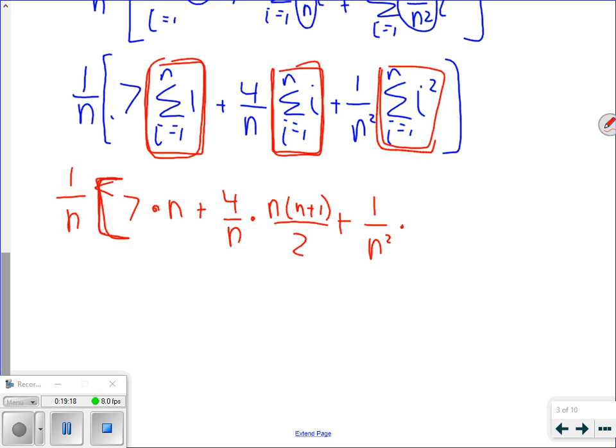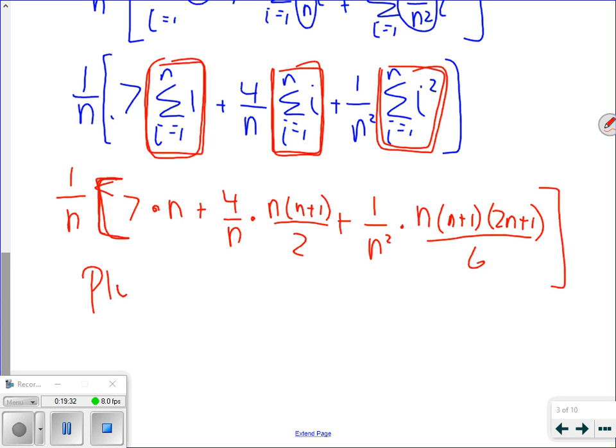And remember that this identity was n times n plus 1 times 2n plus 1 all over 6. And now that you got rid of the summations, now we can plug 75 in for n.